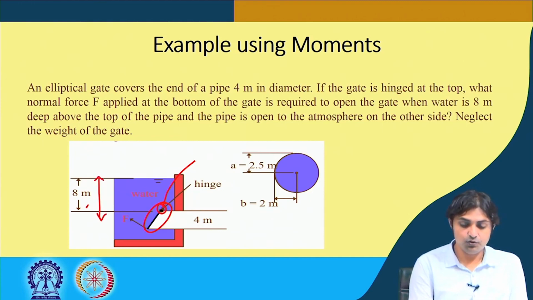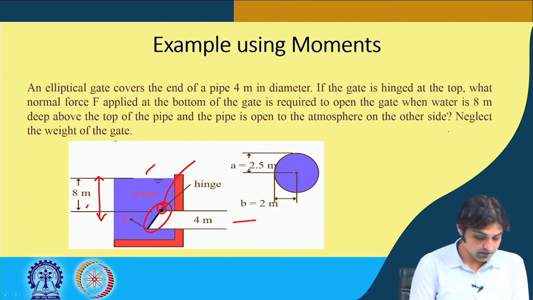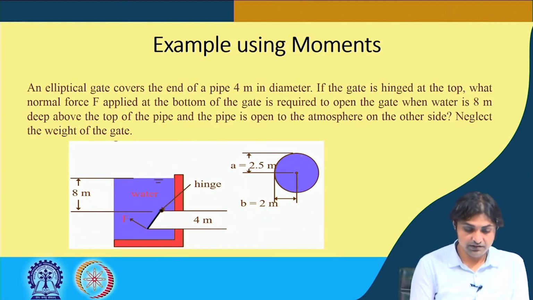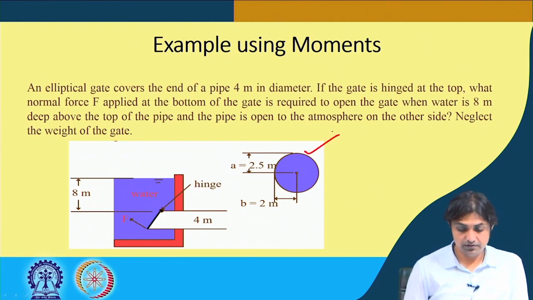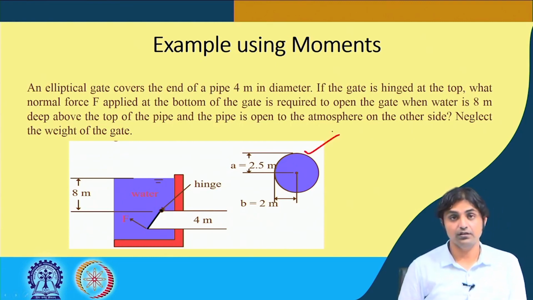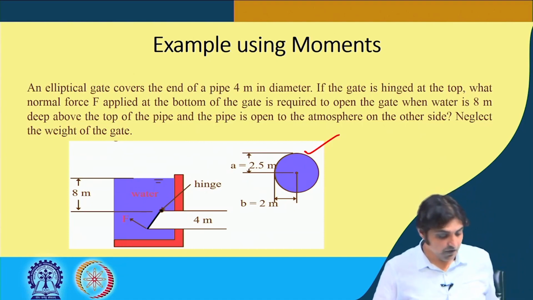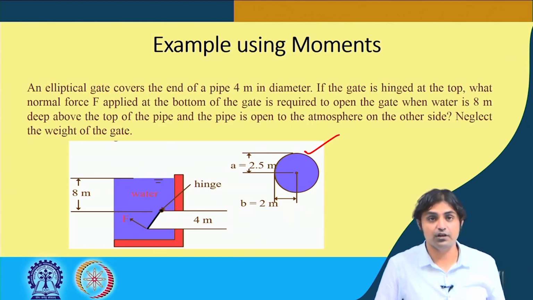The pipe is open to atmosphere on the other side here. Neglect the weight of the gate. This is how this elliptical gate looks. This is the cross section.